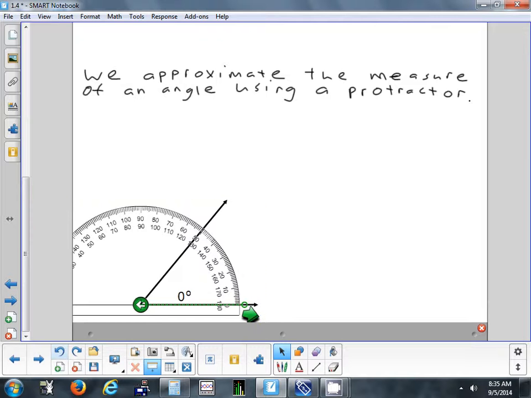Okay, right there. So once you do that, the initial side of your angle lines up at 0. And then your terminal side, you're just looking where it crosses the protractor. Okay, so what does it look like that one is about? How many degrees? It's a little hard to see, but I'm going to make it a little bigger.